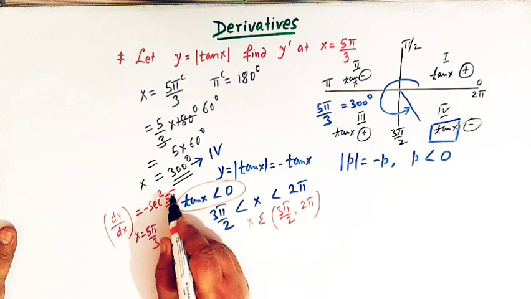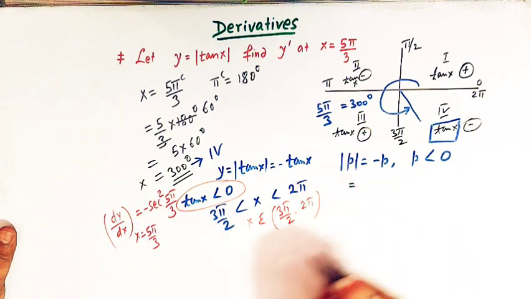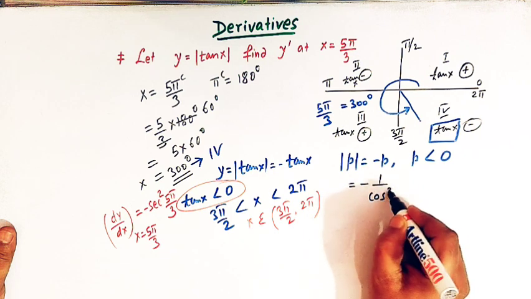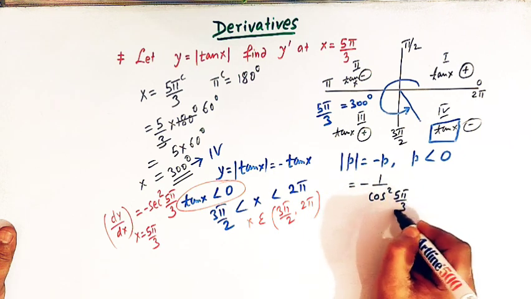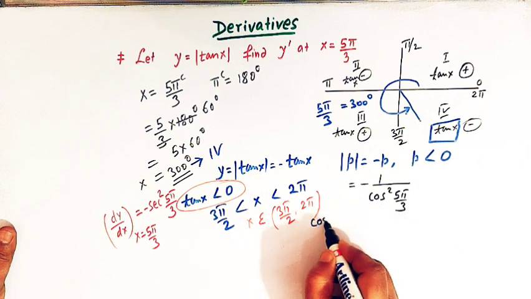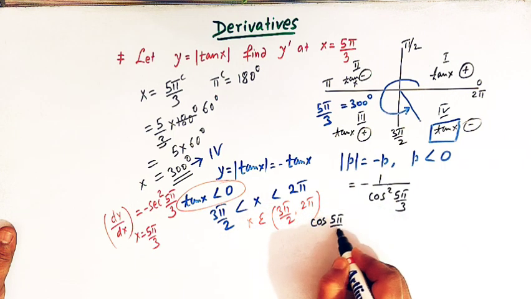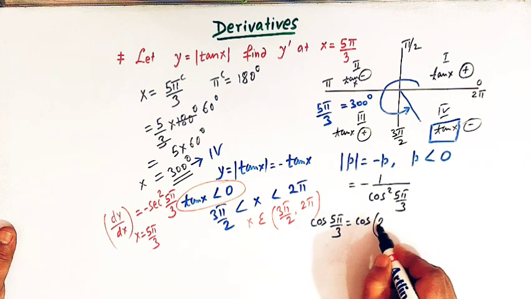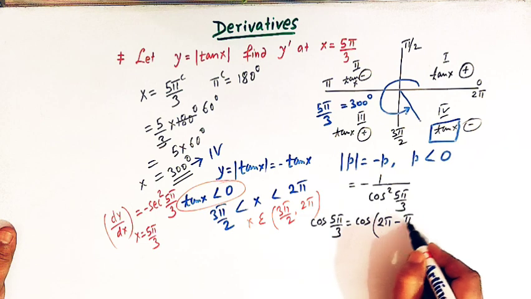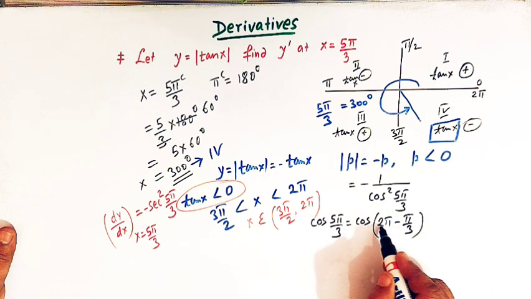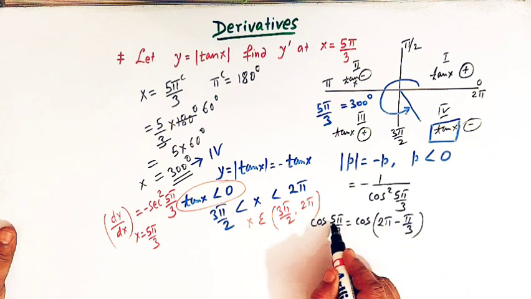So now sec square 5 pi by 3 can be written as 1 over cos square 5 pi by 3, right? So let us separately find the value of cos 5 pi by 3. We can write it as cos of 2 pi minus pi by 3, because 6 pi minus pi is 5 pi over 3, right?